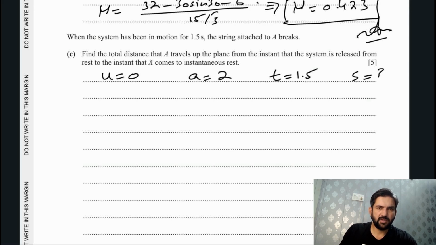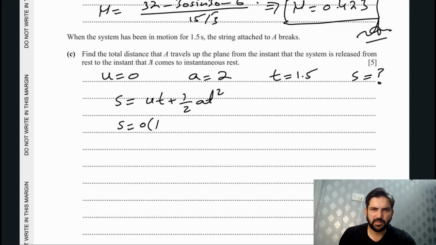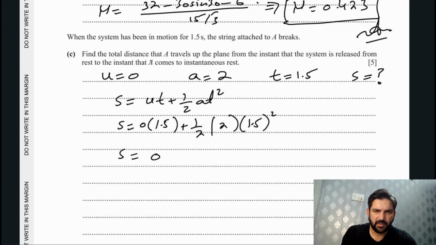So how can we find the total distance? s is equal to ut plus half at squared. So s is equal to 0 into 1.5 plus half into 2 into 1.5 squared.